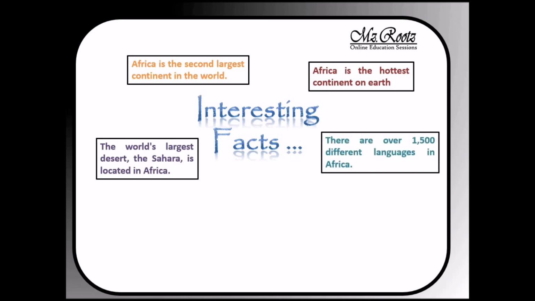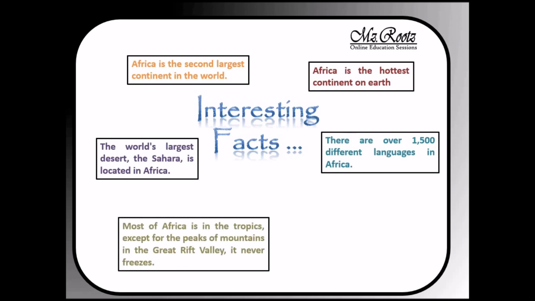Did you know that there are over 1,500 different languages in Africa? Most of Africa is in the tropics, except for the peaks of the mountains in the Great Rift Valley. It never freezes. That's very interesting, isn't it?